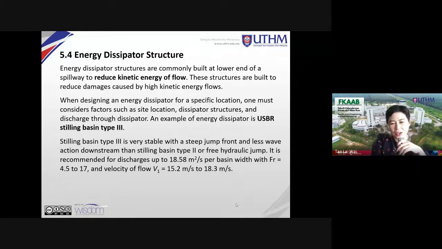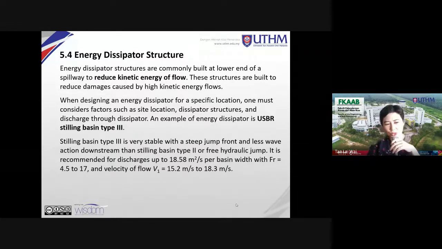It is recommended for discharges up to 18.58 meters squared over second per basin width. If you look at it, the discharge is in the unit of meter squared over second because it's over meter width of the basin.